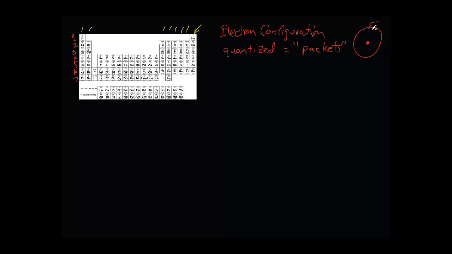This electron is said to only have a set amount of energy before it gets, let's say, to the next energy level, where it has a new amount of energy. Okay, but it can't be in between. All right, that's a quantized amount. It's sort of like walking up a flight of stairs. You can go from one step to the next, but you can't really go in between steps.